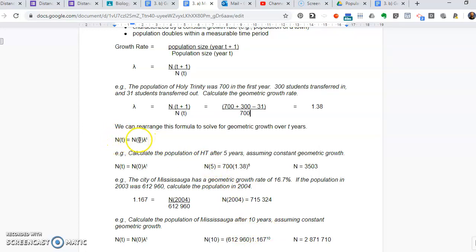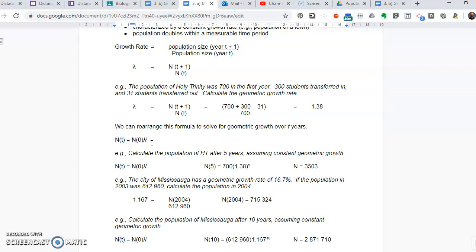The initial population is the n at time 0, and that's the 700. At the start of these 5 years, we had 700 students. So the 700 goes there. We've calculated the growth rate as 1.38. That goes here, and the t, the power, is 5.